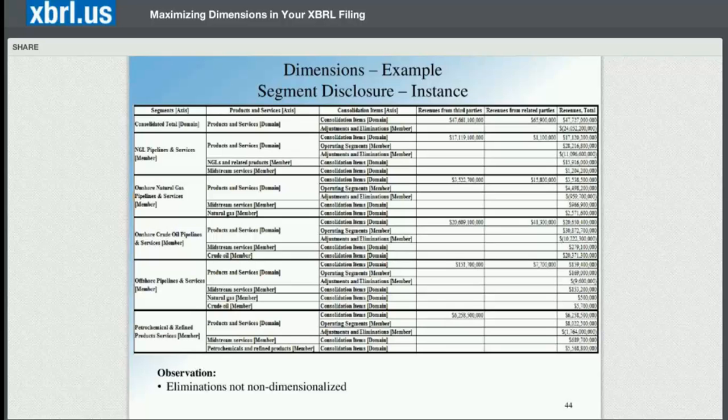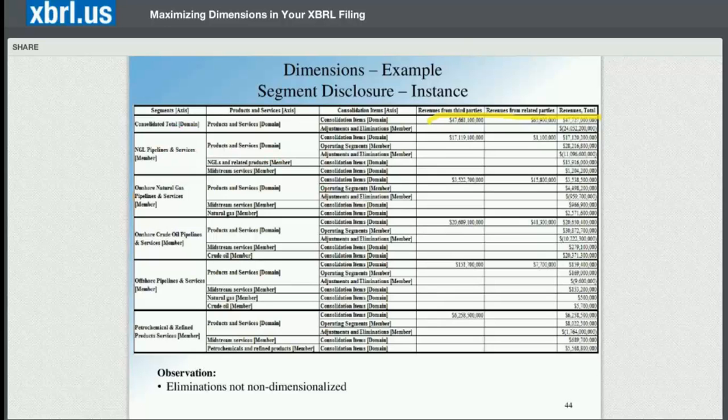This is the entire instance, and if you were to go through this, you would see exactly what we just spoke about in the same format. So again, up top I have where all the domains are coming together, and the only populated cells are going to be the defaulted values that appear on the income statement. Everything else, if you follow across, you could see whether it is being qualified or not by any given axis.